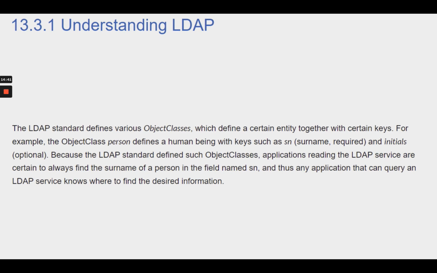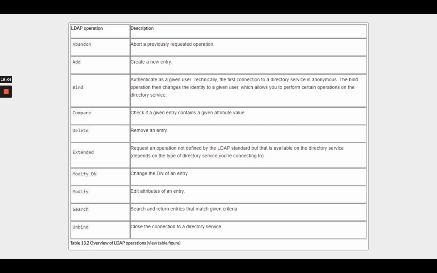For example, the object class person defines a human being with keys such as SN, surname, required, and initials, optional. Because the LDAP standard defined such object classes, applications reading the LDAP service are certain to always find the surname of a person in the field named SN, and thus any application that can query an LDAP service knows where to find the desired information.